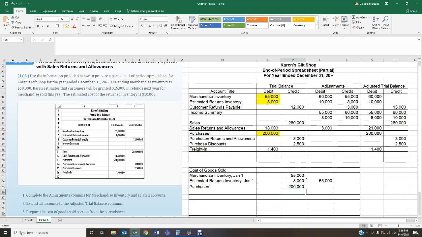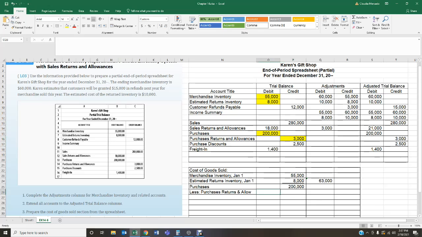But just like we had purchases, we had some returns and allowances that go along with it. So I'm going to go ahead and deduct, less my purchases, returns, and allowances. Okay. And we had purchases, returns, and allowances of $3,000.